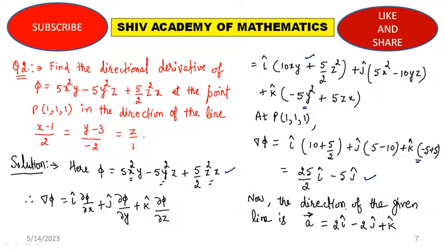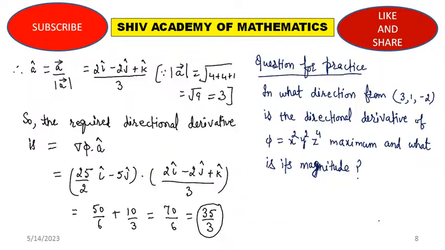Now, dear students, remember that when we have to find the direction of the line, we take the direction ratios from here: 2, minus 2, 1, because it is the equation of a line passing through (1, 3, 0) having direction 2i minus 2j plus k.